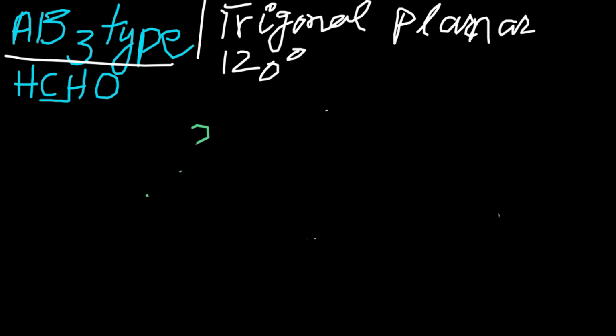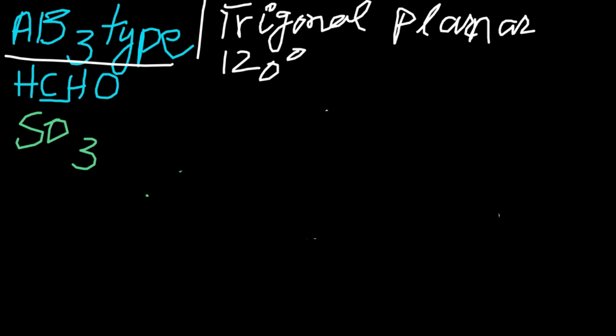Another molecule of this type is sulfur trioxide. Sulfur has 6 electrons in its valence shell. How many electrons in the valence shell of an atom are there? You have to calculate by yourself. Do not just rely on cramming this stuff, just practice it by yourself.